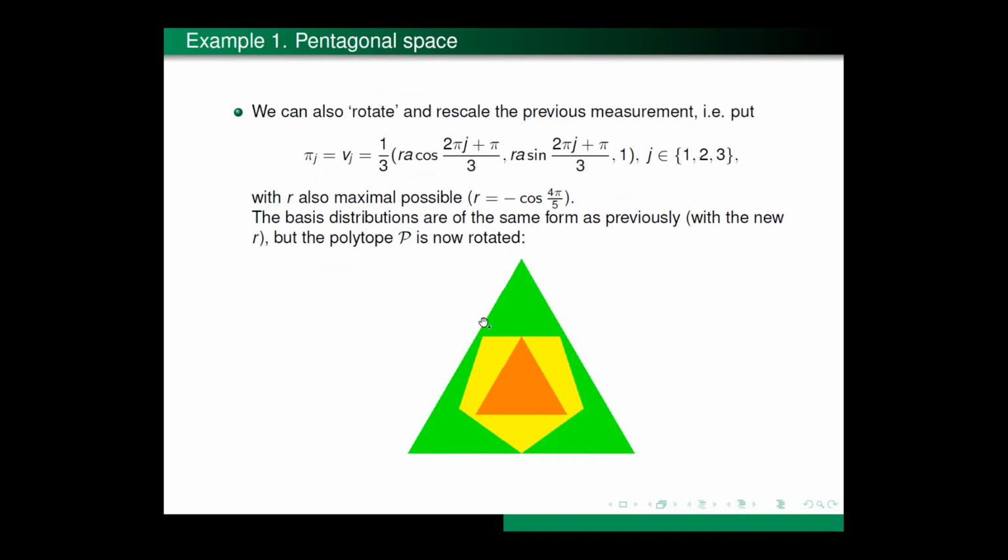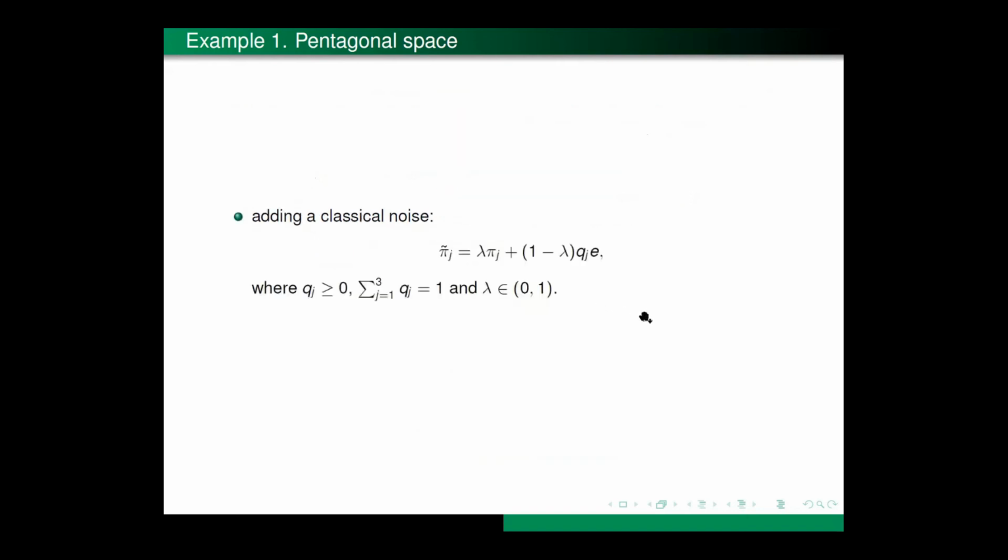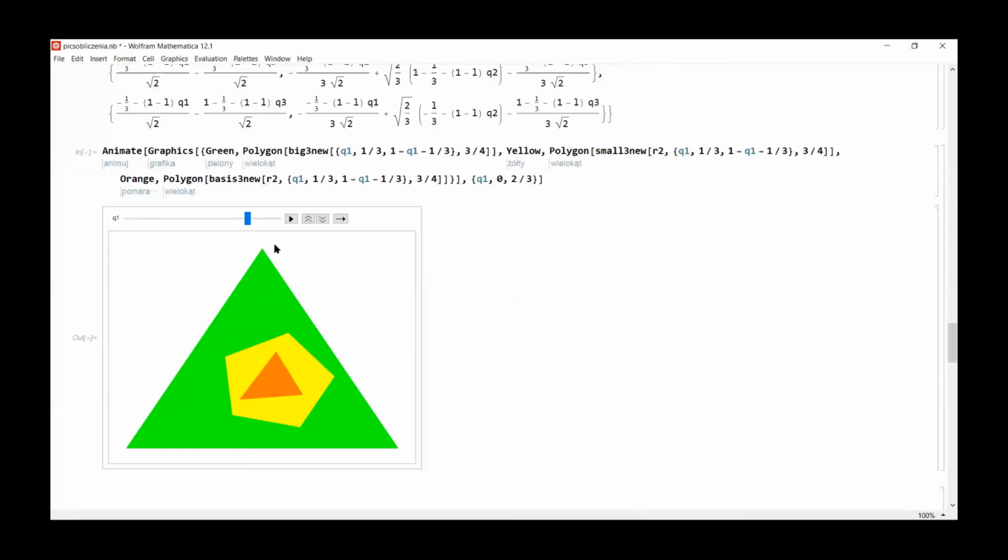So here is the same but rotated. And now I would like to show you something. Well, what happens if we add the classical noise? So we can add classical noise, and I hope you can see it.